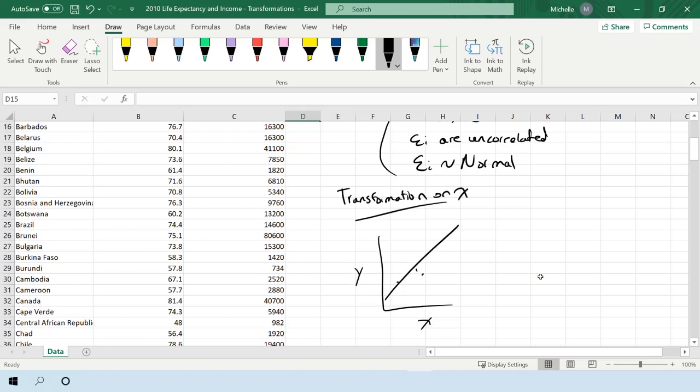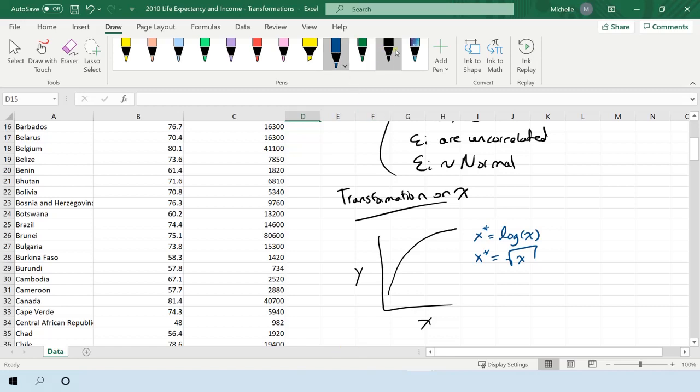If it was, you would have no need for a transformation. But instead, maybe you see a curve like this. If you see a curve like this, then you might think, okay, maybe I should do a transformation where x star, the transformed value, equals maybe the log of x, or maybe the square root. Either one of these has that type of curvature.